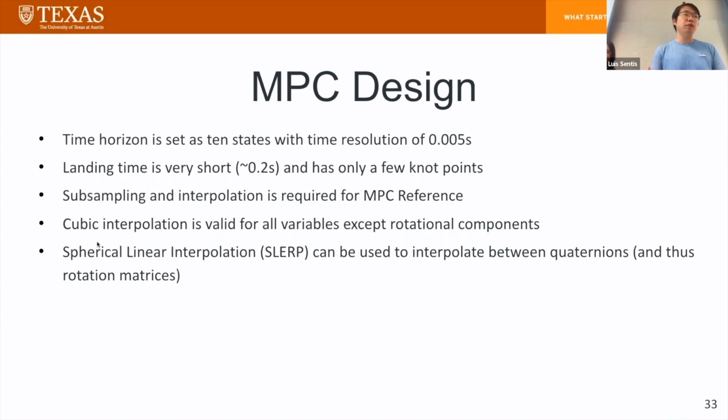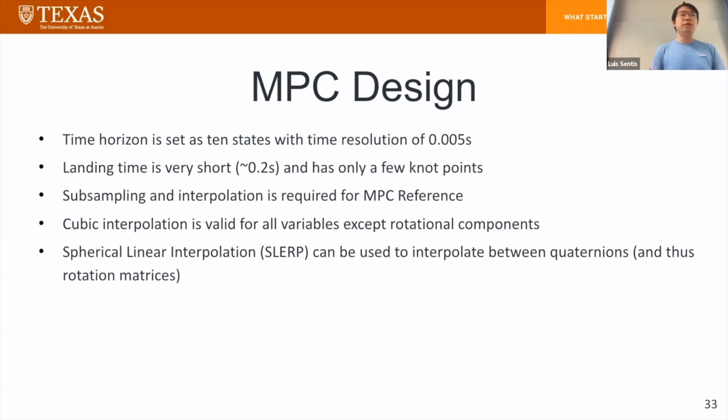Cubic interpolation is applied for most of the variables, including the position, velocity, angular velocity, and orientation, except the rotational matrix, because that one cannot be handled through cubic interpolation. We use spherical linear interpolation to solve this problem.